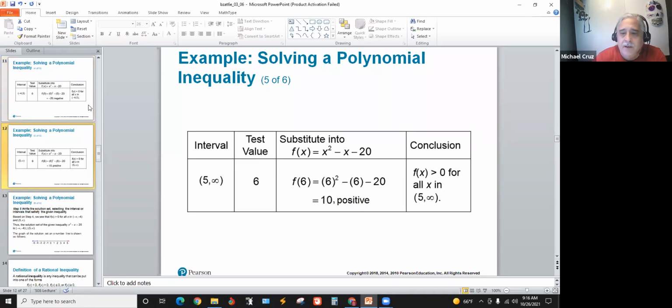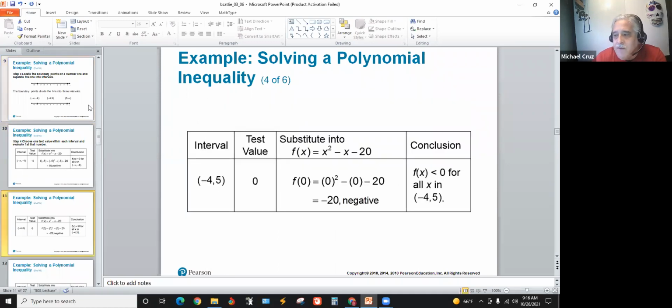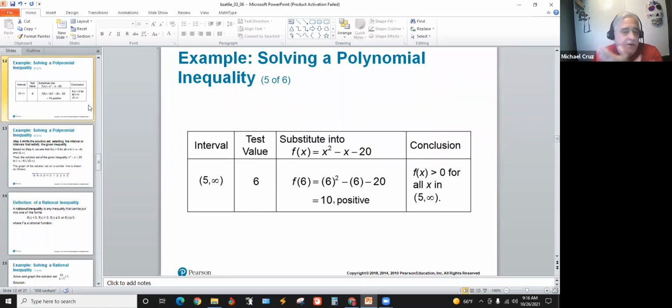All right, and then the last one was something greater than 5, and they just use 6. Try to keep it as simple as you can. Like I said, avoid using fractions if you can. And always pick something not on the line, but above the boundary points or below them.